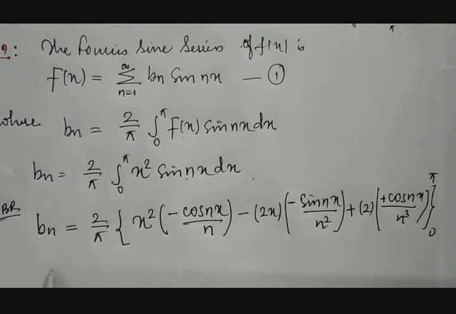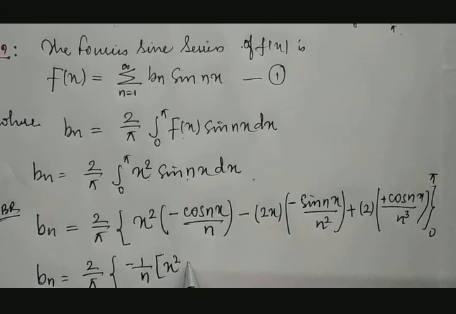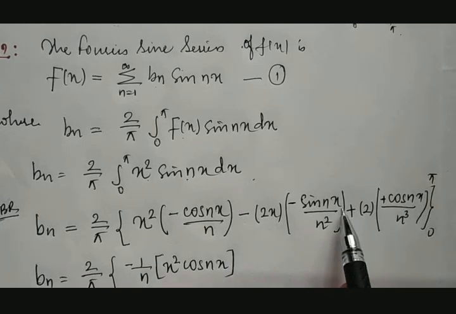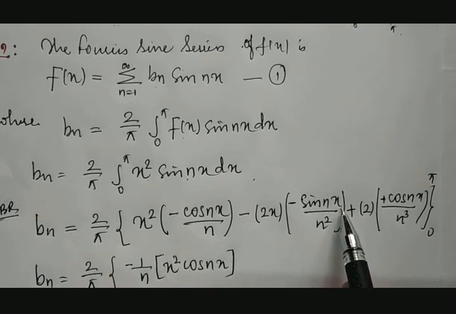Therefore, bn is equal to 2 divided by pi into minus 1 by n is taken out. Then x square into cos nx. Fine. If you substitute the upper limit and lower limit in this place, then it becomes sin n pi. Sin n pi will be equal to 0.